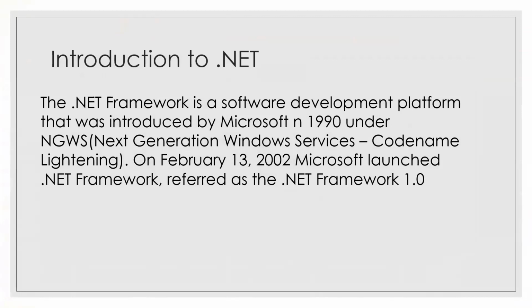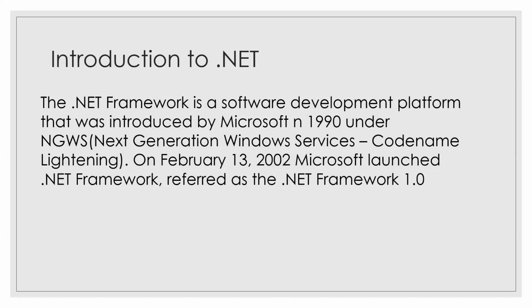So introduction to .NET. Basically, this is a framework. The .NET framework is a software development platform that was introduced in 1990 under NGWS services, which has a code name called Lightning. They started development on this code name.